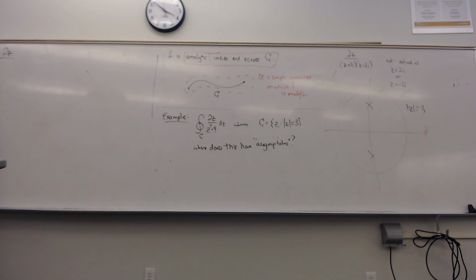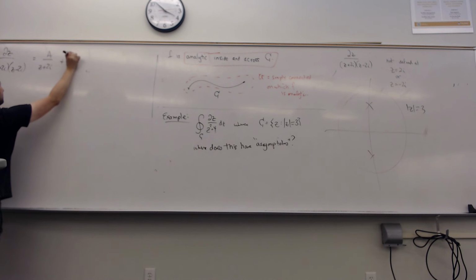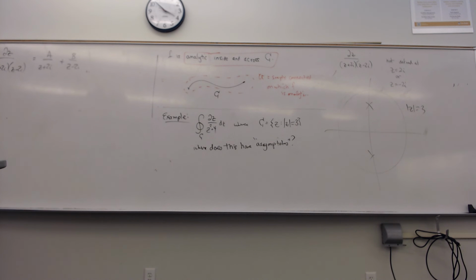So, ax plus b type terms. 2z over z plus 2i times z minus 2i is equal to a over z plus 2i plus b over z minus 2i. Somebody worked really hard to make this problem nice.